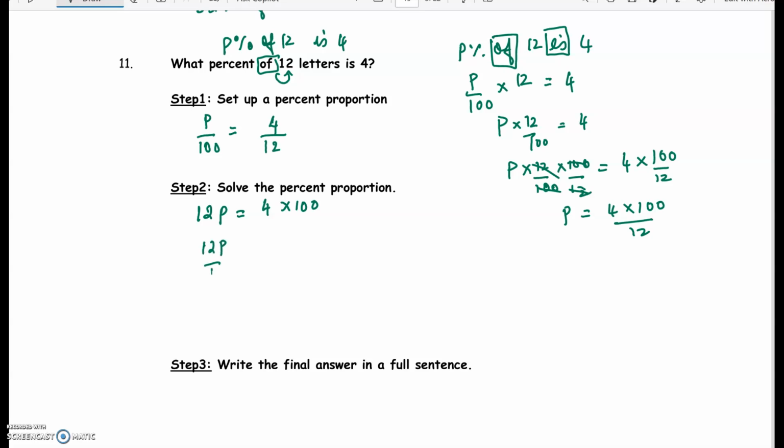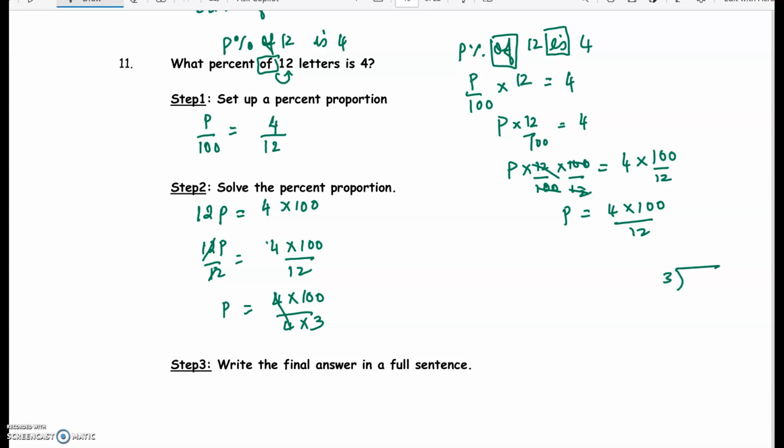Divide both sides with a 12. So you get 4 times 100 over 12. And you get p equals 4 times 100 over 4 times 3. That is 100 over 3.